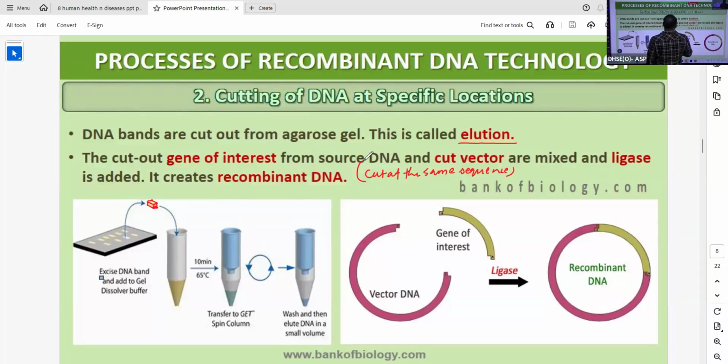Okay, and once the cut is done with the restriction endonuclease, then we join using ligase. And once that gene of interest is added to this DNA, this becomes the recombinant DNA.